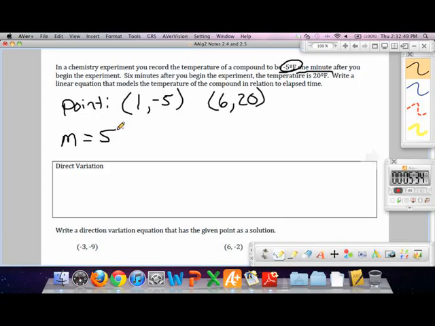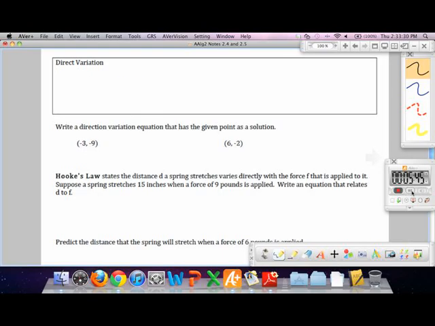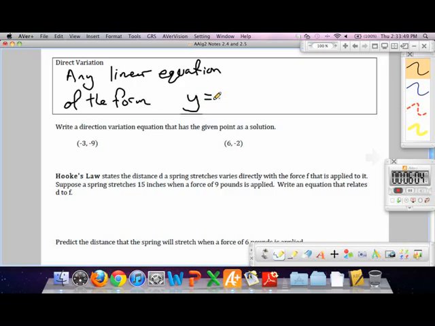In particular, a direct variation equation is any linear equation of the form y equals a times x, where a is called the constant of variation, equal to 3 in this case.